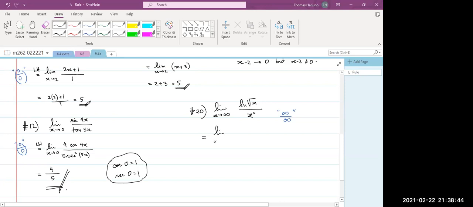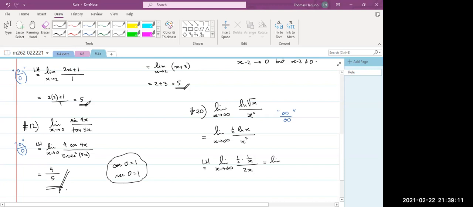Let me modify the numerator a little bit. Natural log of square root of x is 1/2 natural log of x. Now I apply L'Hopital rule, and get limit x goes to infinity of 1/2 times 1 over x, over 2x, right? The derivative of natural log is 1 over x. The derivative of x squared is 2x.